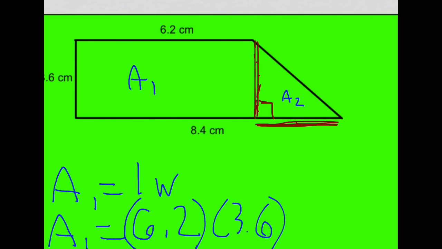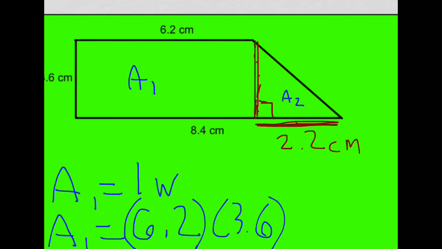So if I do 8 4/10 and subtract off the 6 2/10, I'll have this little distance right here. So 8 4/10 minus 6 2/10 gives me a base of 2 2/10 centimeters.